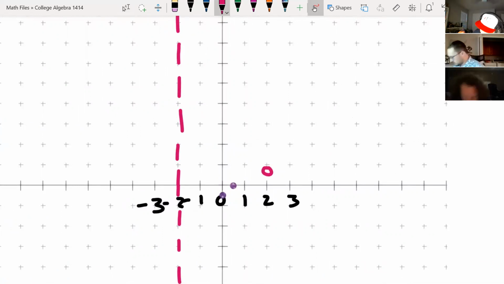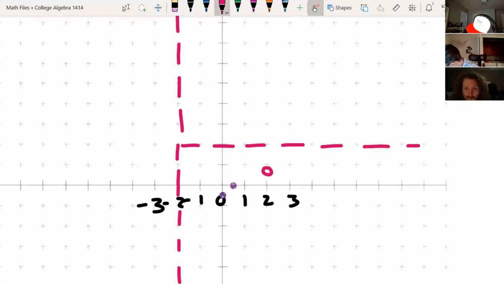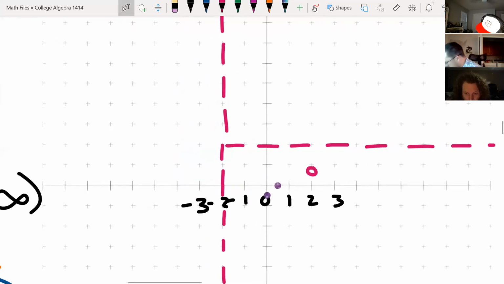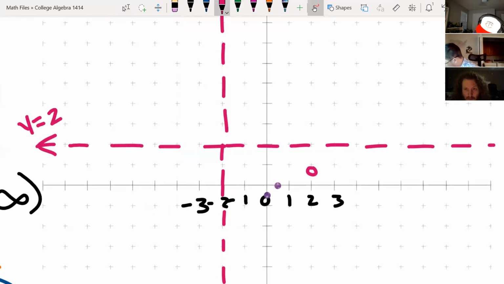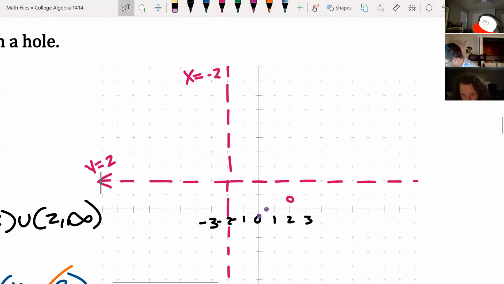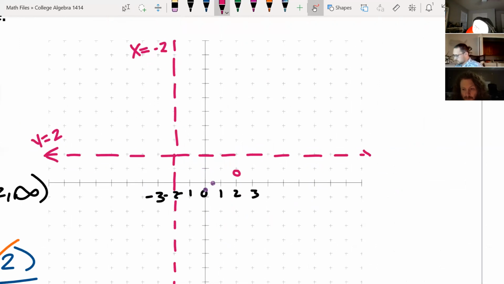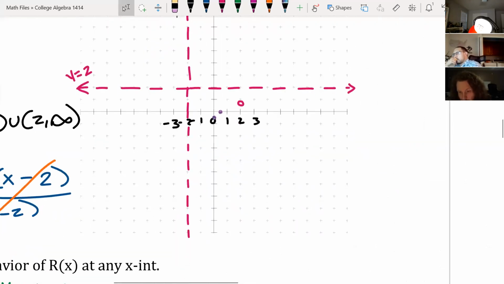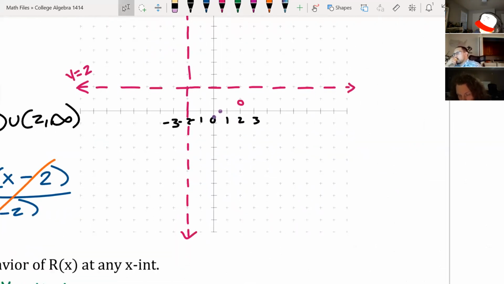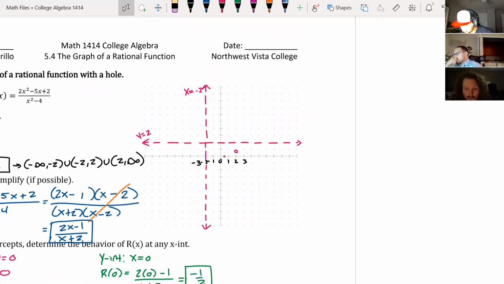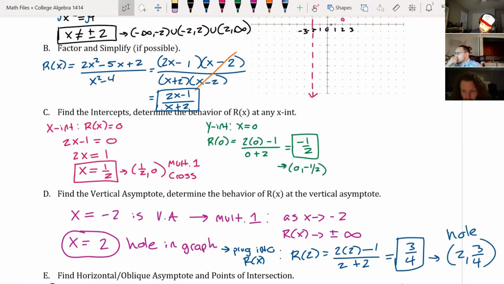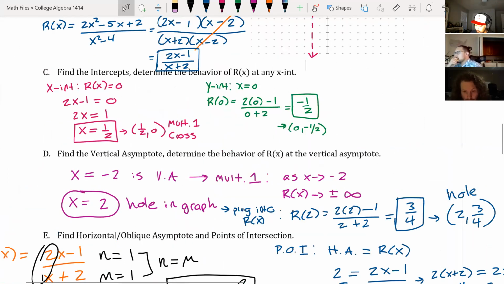And then our horizontal asymptote is at y equals 2. Okay. And that's plotting everything we have found so far.